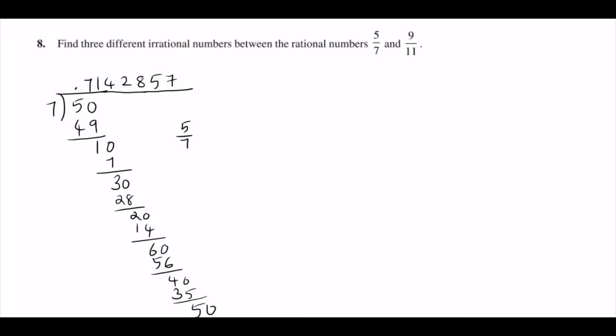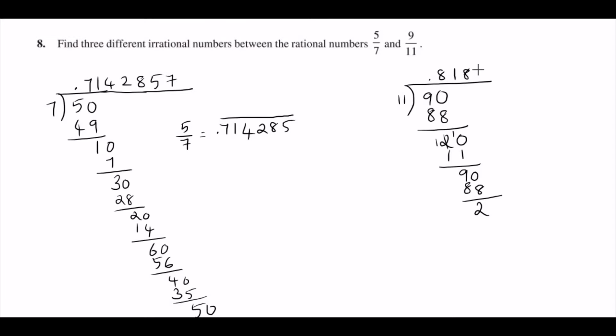So 5 by 7, the decimal expansion is 0.714285. Now let's do 9 by 11. So 9 by 11, the decimal expansion is 0.81 bar. That is, it repeats.